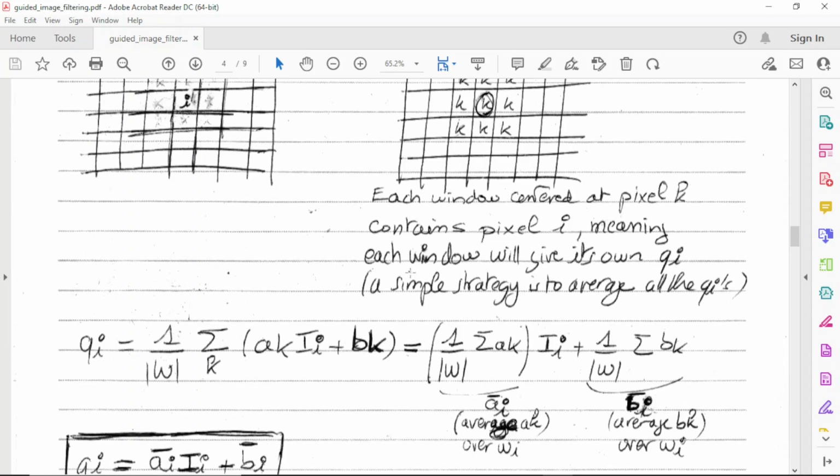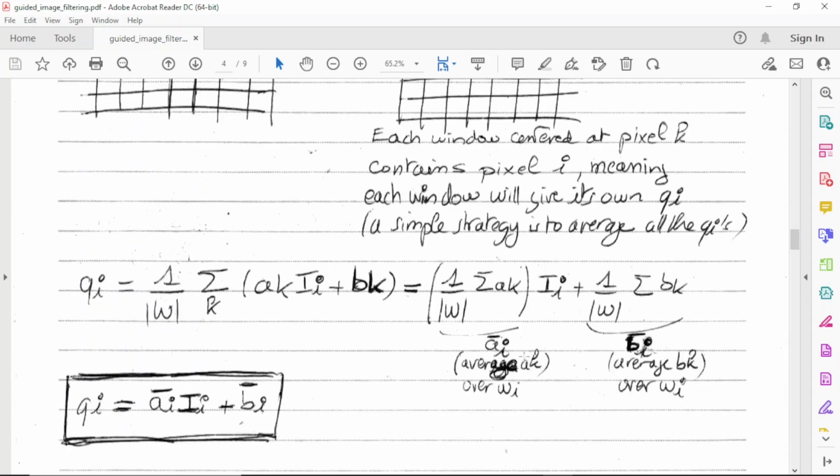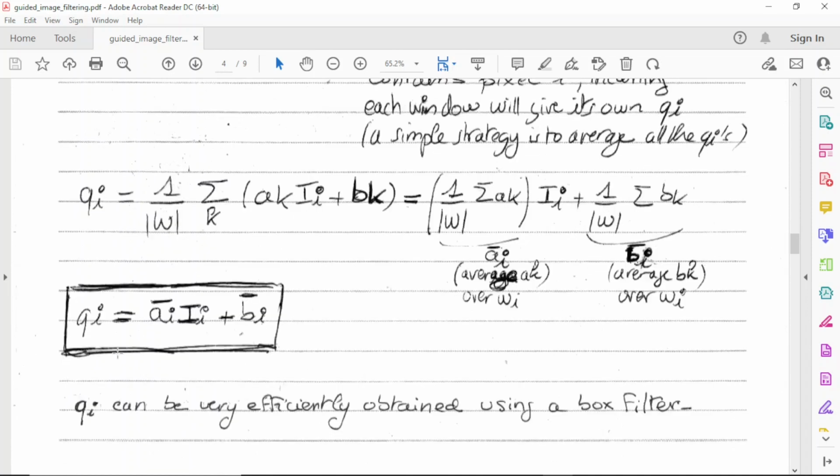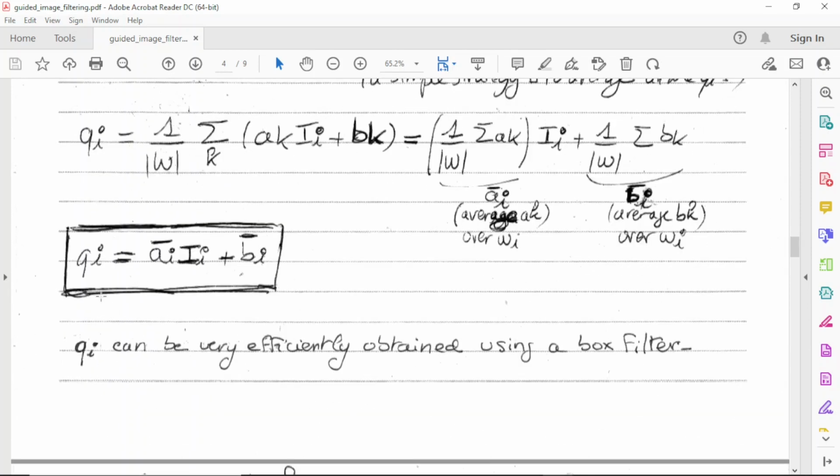So you get an AI bar, which is the average AK over omega I. And you have a BI bar, which is the average BK over omega I. So this is the final equation: QI equals AI bar times II plus BI bar.